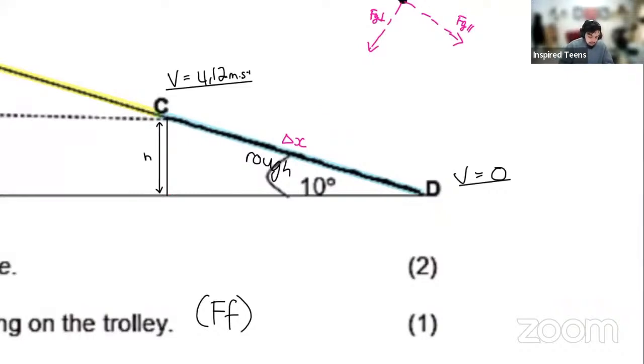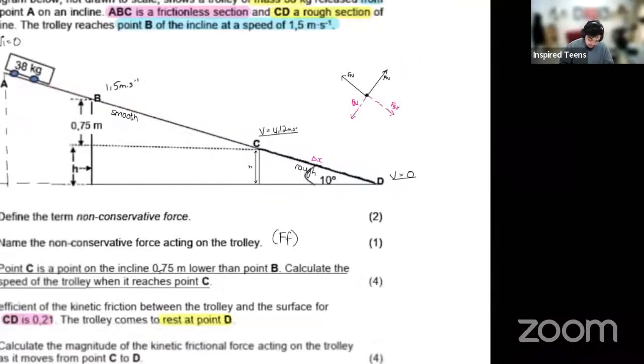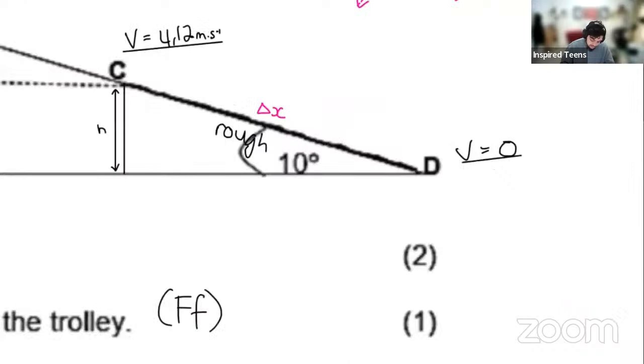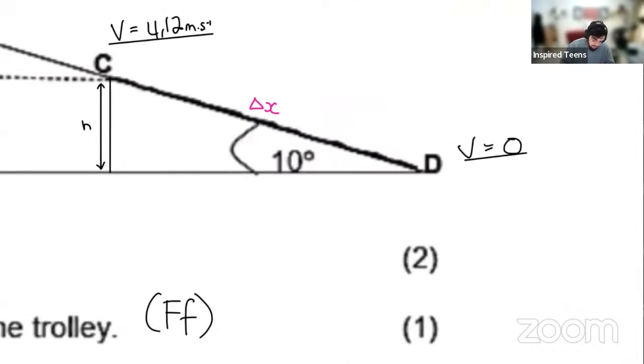Now let's get rid of many of these things. We know it's rough. Let's consider this triangle. You need to always remember this in a question. If delta X is unknown, or if the height is unknown, you can use this triangle.